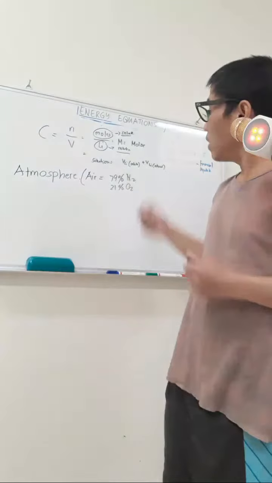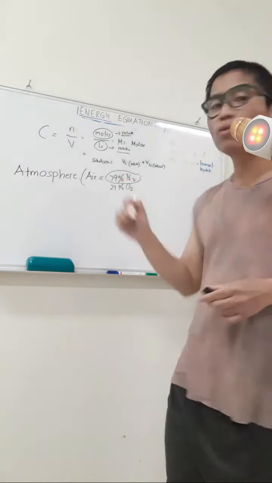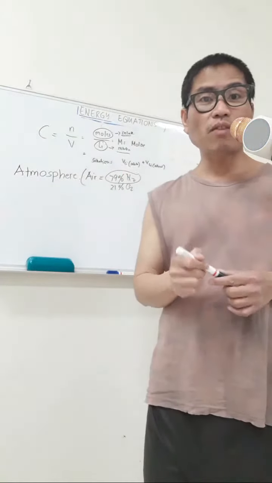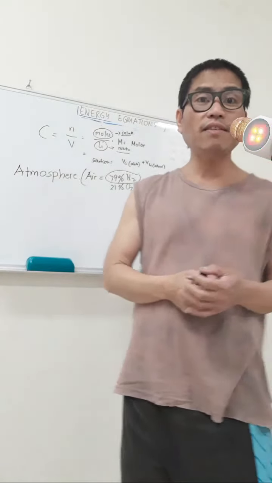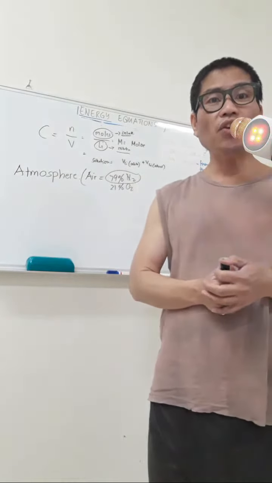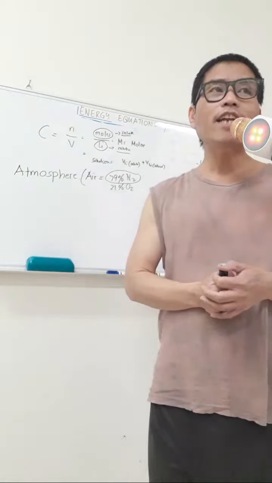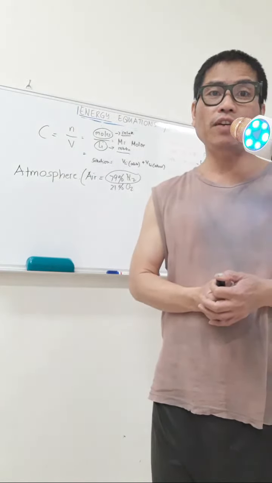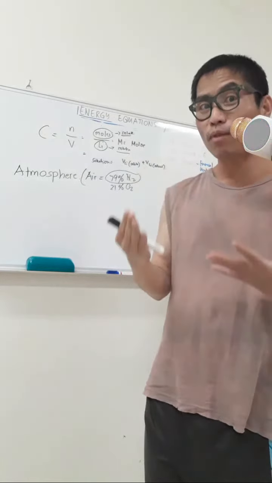Okay. Now, the 79%, as you can notice, will never change. Because as I told you, nitrogen gas is a noble gas. It's an inert gas. It is non-reactive gas. And it is not flammable.